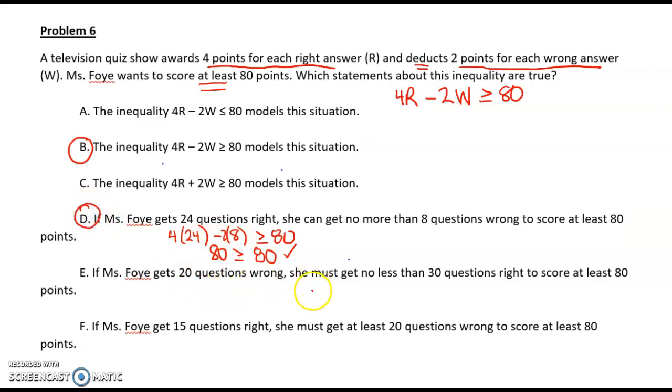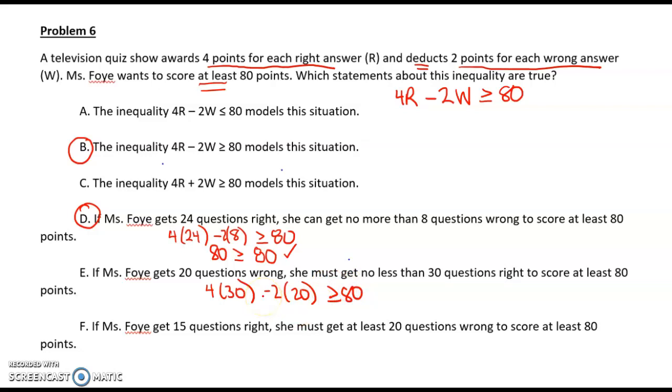If she gets 20 questions wrong, she must get no less than 30 questions right to score at least 80 points. So let's try this one. We've got 30 questions right and 20 questions wrong. Let's see how this works out.